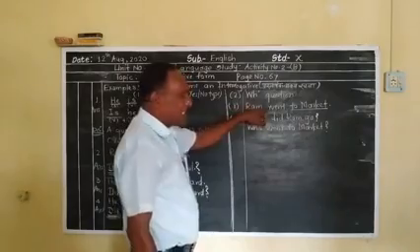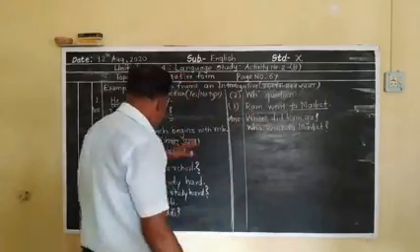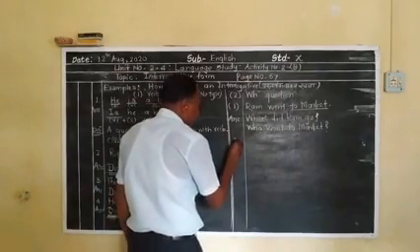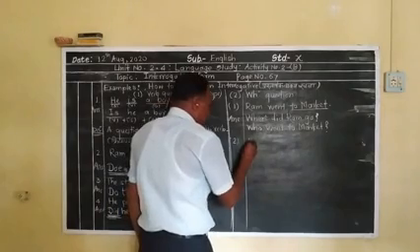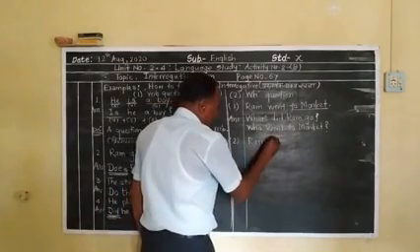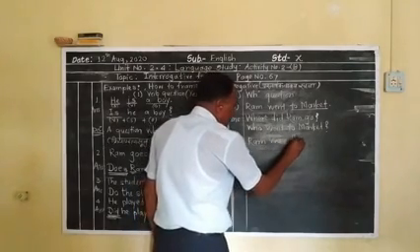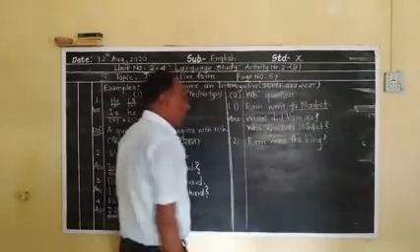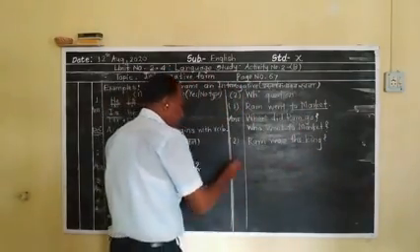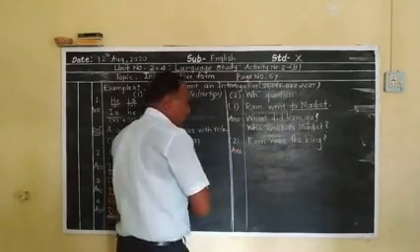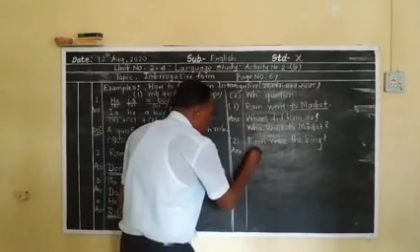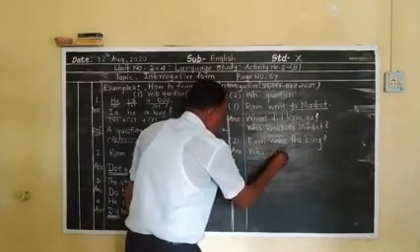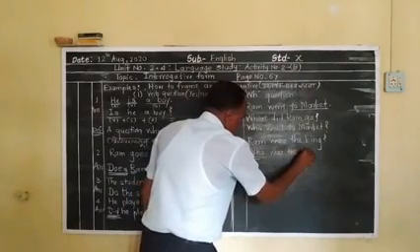In this sentence, there is no helping verb like in these examples. Another: Ram was the king. Answer: Who was the king?